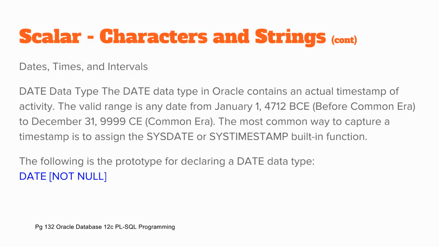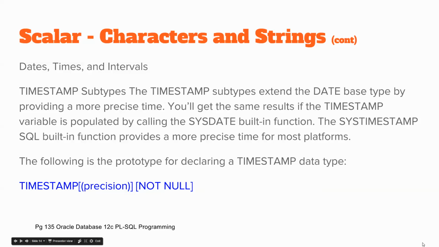We have the date type, and this is basically going to give you the day. It's specific in the sense that you can get to the day, but it's not like what we will have next, which is the timestamp. This gives you down to the second, and if I remember right, even down to milliseconds.